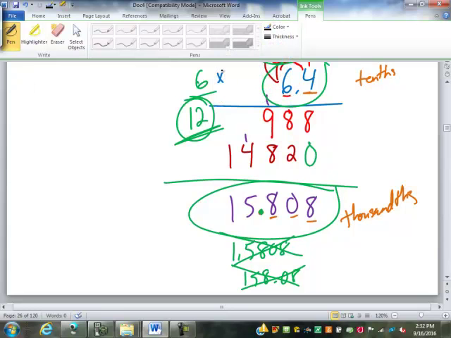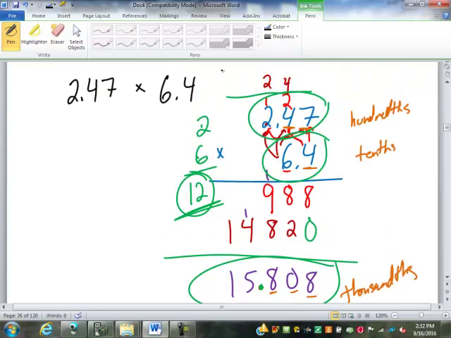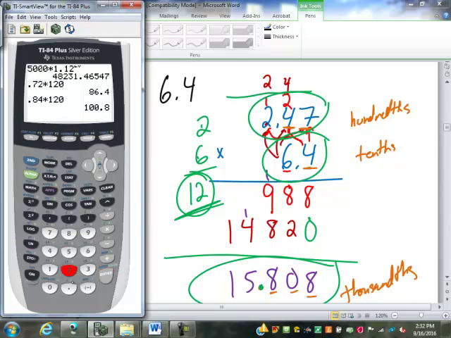And as I said, that decimal point is one of the first keys on a calculator to malfunction. So when you're doing multiplication, it is very important to estimate it and have an idea. Because if I'm punching this in the calculator, 2.47 times 6.4, I'll do it correctly here the first time. I get that answer, 15.808. But watch this, 2.47 times 6.4.